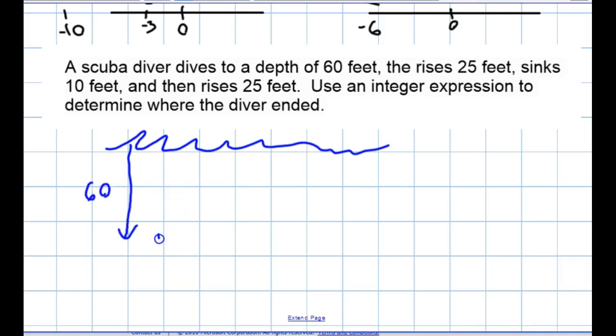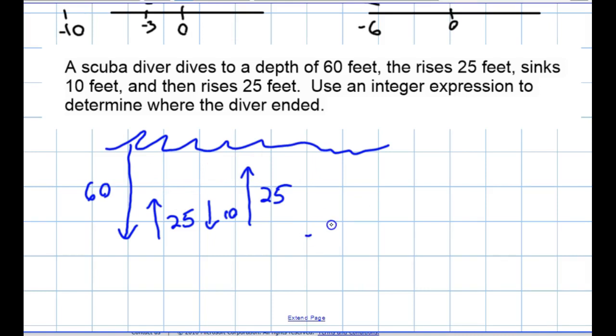He then rises 25 feet. Sinks 10 more feet. And then rises 25 more feet again.